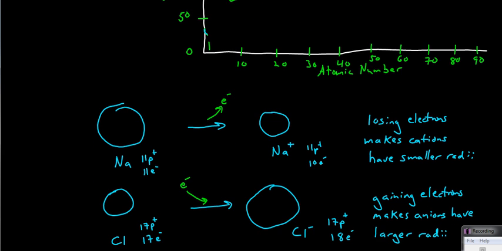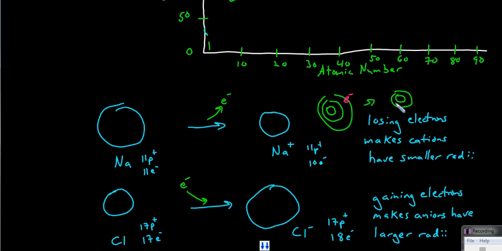Going down here, we can see that we're not always going to be talking about radii of atoms, but instead sometimes of ions. So let's say sodium reacts with chloride. Sodium loses an electron and chloride gains an electron. Sodium losing an electron is going to become quite a bit smaller in radius. Instead of filling principal energy levels 1, 2, and 3 as previously, it's now just filling principal energy levels 1 and 2, since it lost that electron in principal energy level 3.